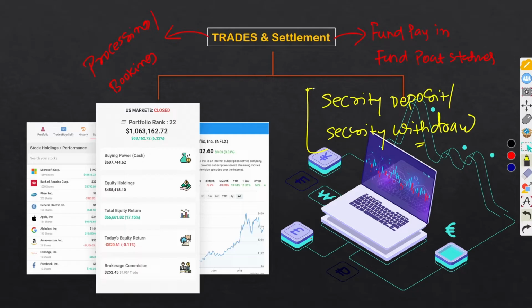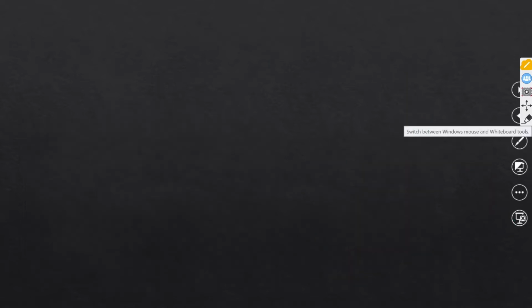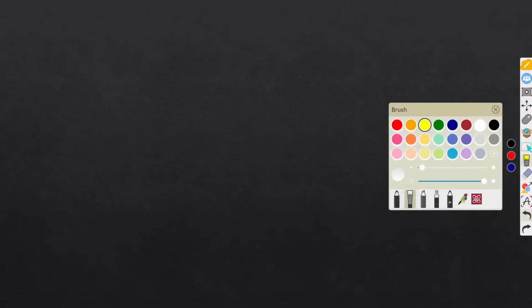So let's discuss how trade settlement and trade security processing work. I'll just quickly draw the chart so that you can also note it down. When we say trade processing and settlement, first understand what happens here.